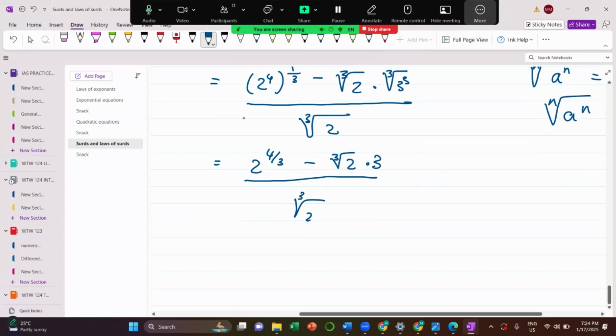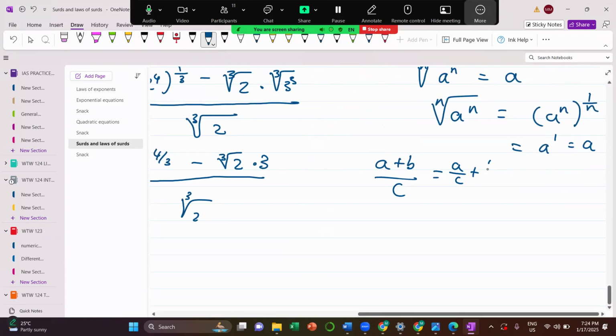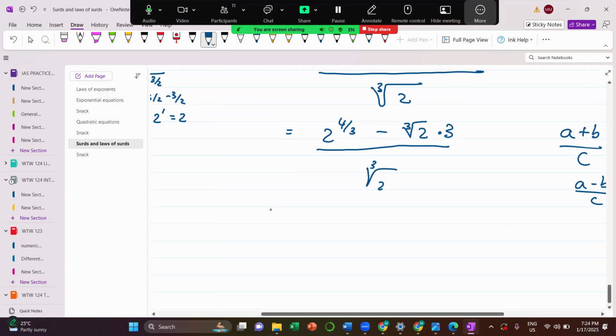So remember, if I have a plus b all over c, it can be written as a over c plus b over c. The same applies for subtraction. So a minus b over c is just equal to a over c minus b over c. Are you guys okay? So I'm going to separate this thing.